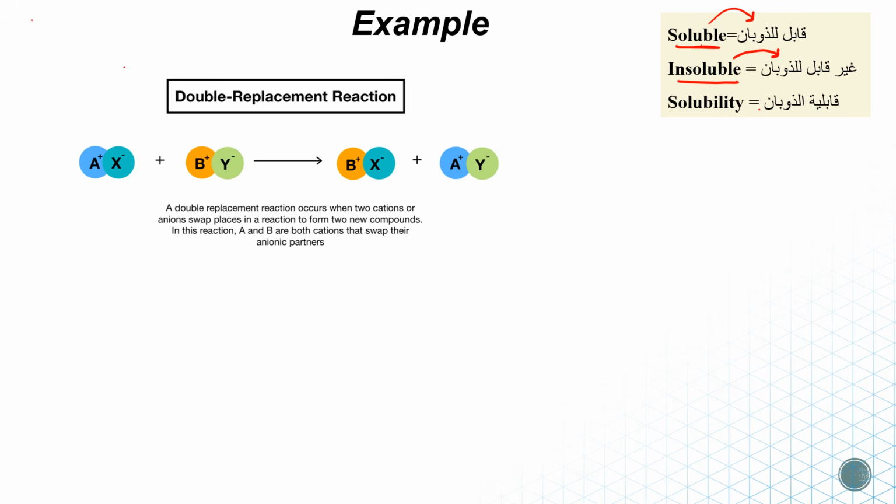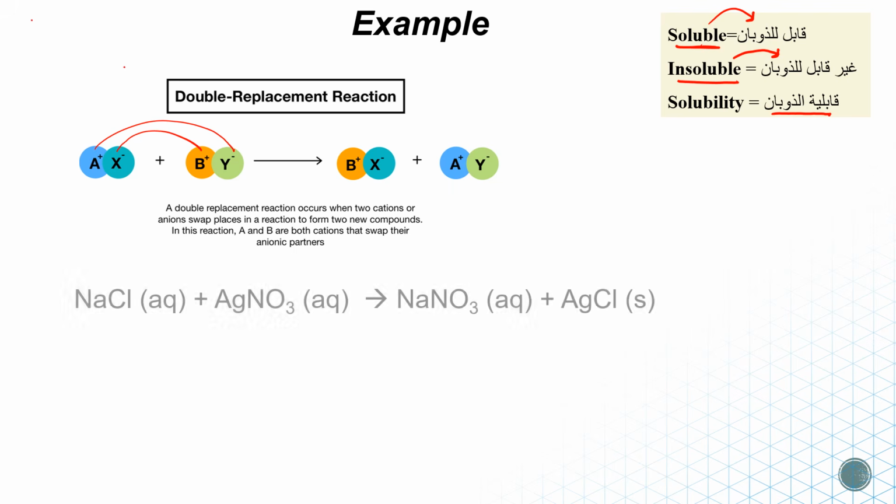Okay? Solubility is the ability to dissolve. So please take notes of these keywords. So we know about the double replacement reactions and how we make the exchange plus with minus, and then you write your equation. We studied it in the previous video.